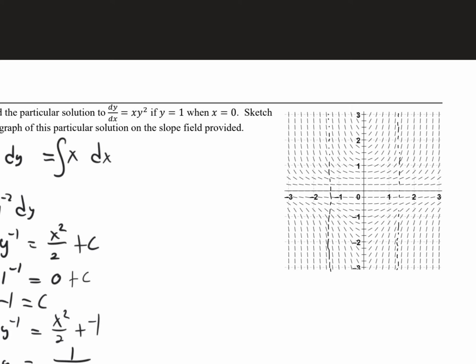So we know that 0, 1 is a point on the graph. So we have a point right here. If we follow these slopes, it's going up like this, but it can't cross that vertical asymptote, and then it goes up like this, and it can't cross that vertical asymptote. All right. So now what is it going to do on the other parts?